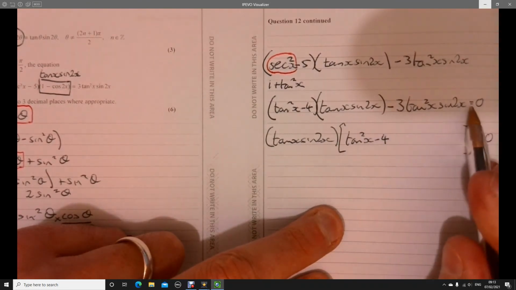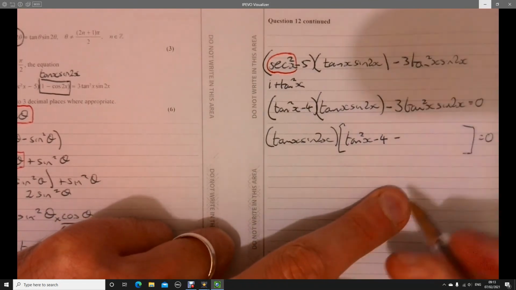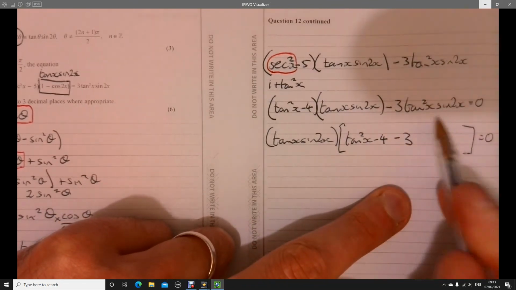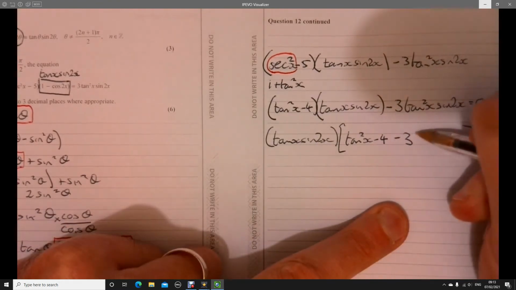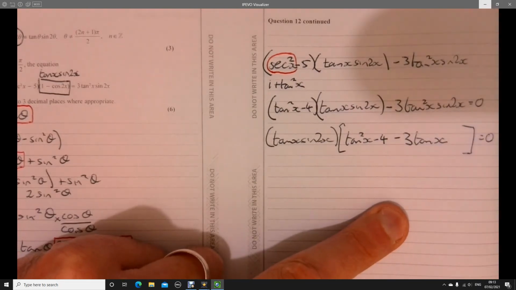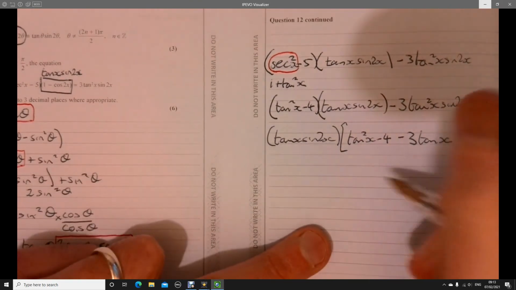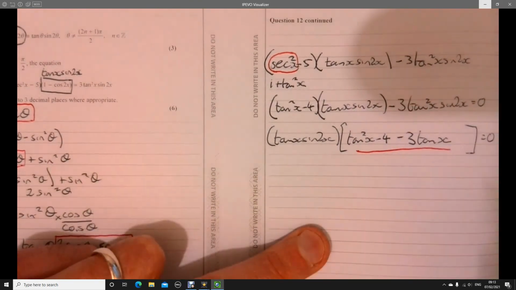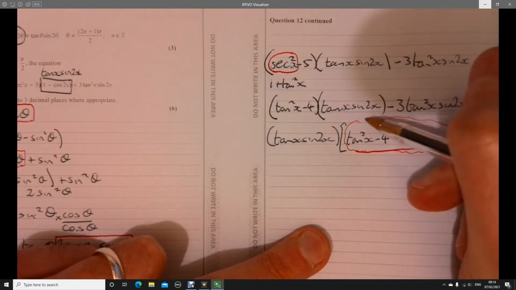And then what's left over here? Well, we're going to have minus, so I've still got a 3. I've taken a tan x outside, I've taken the sine 2x outside, so I've just got a tan x left. Right, we're nearly there now. I've got something multiplied by something. Think about this. This is just a quadratic.